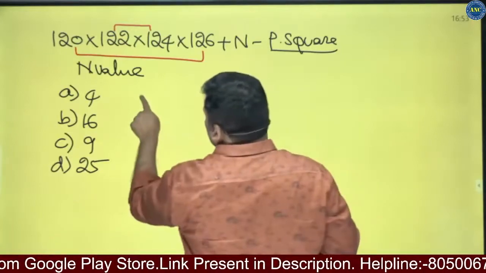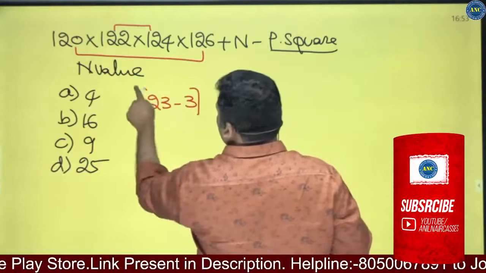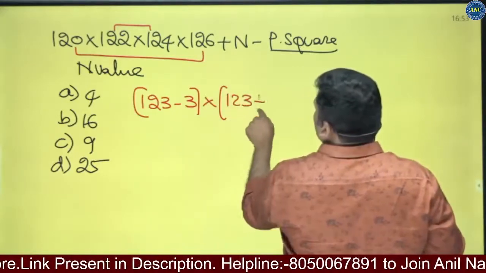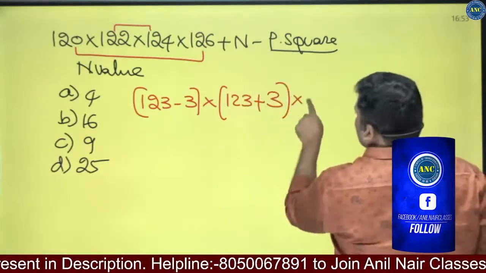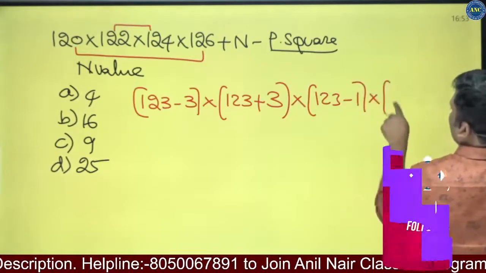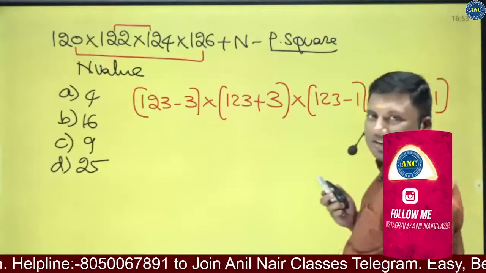So I can write the first as 123 minus 3, and the last as 123 plus 3. Are you all with me? The second term can be written as 123 minus 1, and here 123 plus 1.